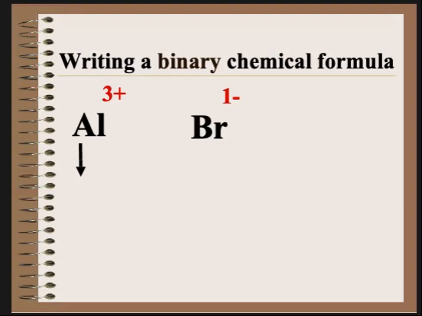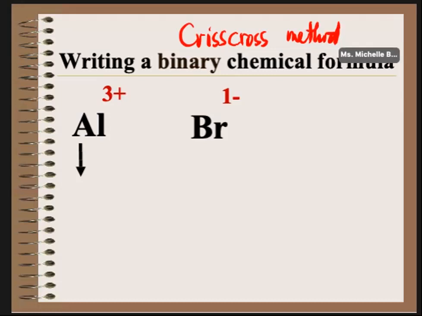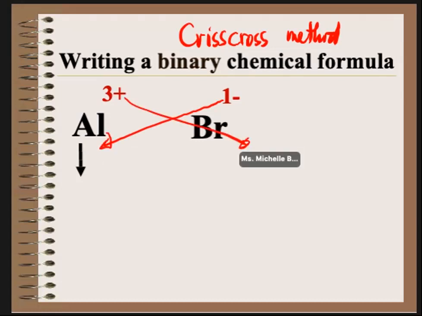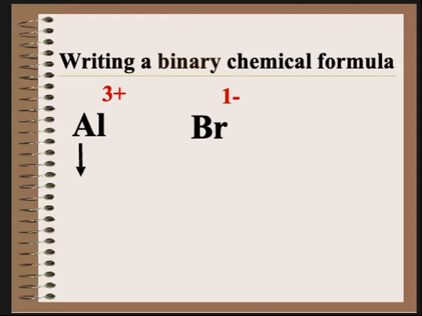I will not discuss it anymore. I will use the crisscross, the shorthand way, the shortcut method of writing formula. We call it the crisscross method. All you need to do is to cross, and then we drop the sign. Okay, we drop the sign.